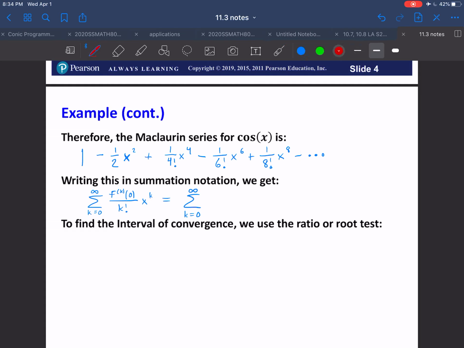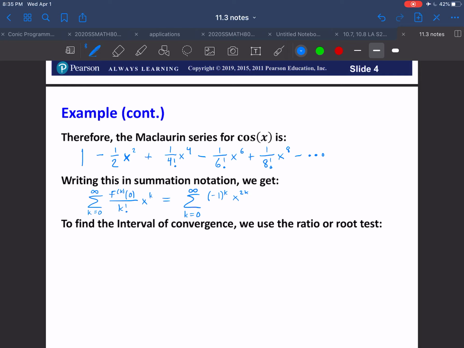And so they alternate. And so if we want to alternate the terms, we're going to have a negative 1 to the k. Yes, this is negative 1 to the k because the first term is positive. And if we want to express only even powers of x, then the way that we're going to do that is by writing x to the 2k.